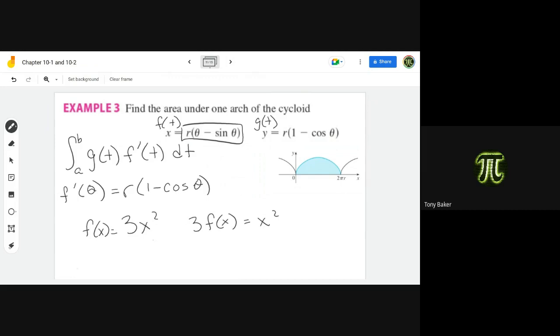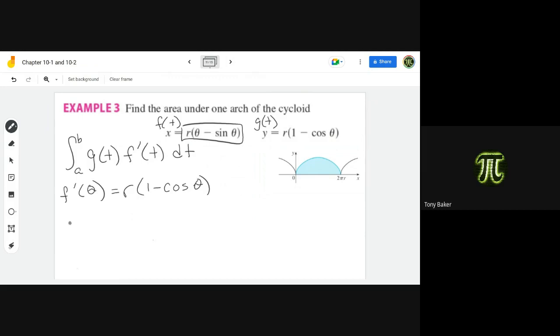So we're not dealing with the r. The r is just multiplied by whatever my derivative is at the end. So that's why the r did not vanish in that situation. So I have 1 minus cosine theta.